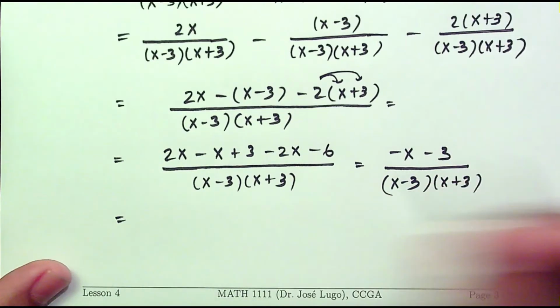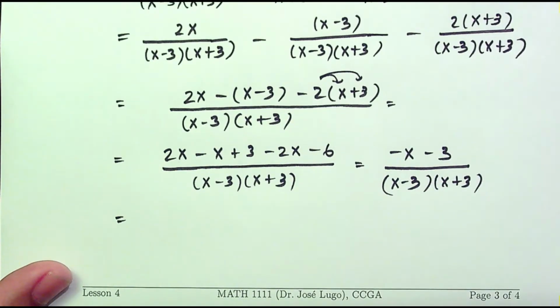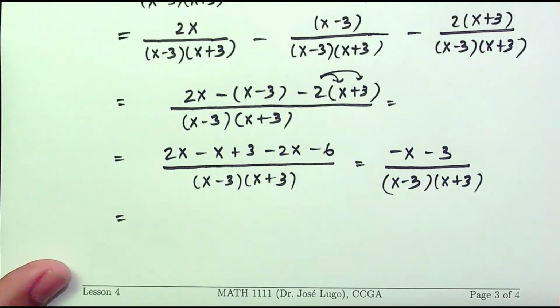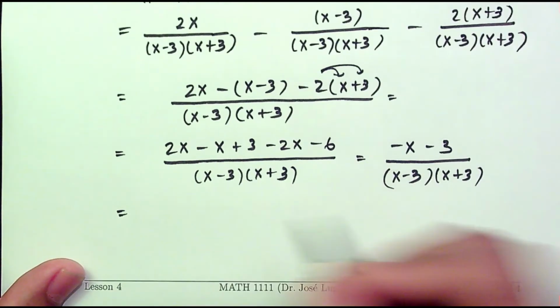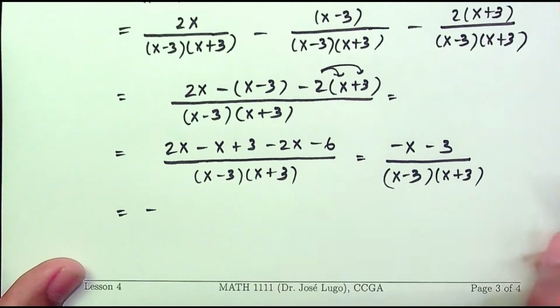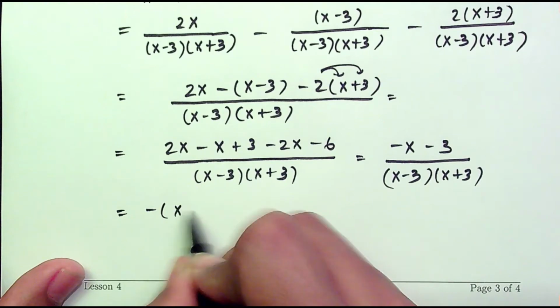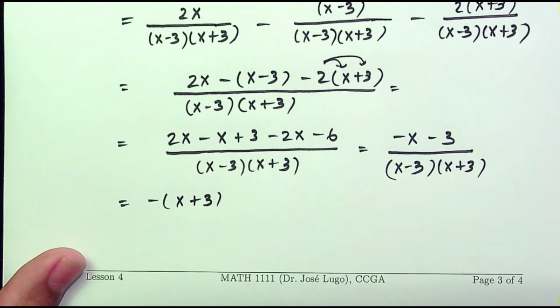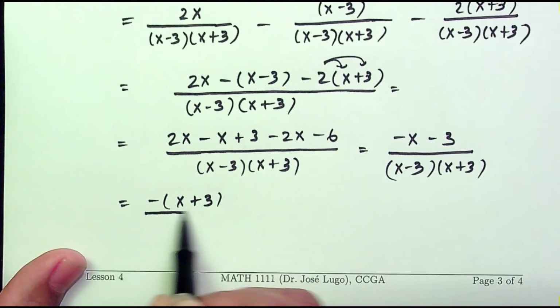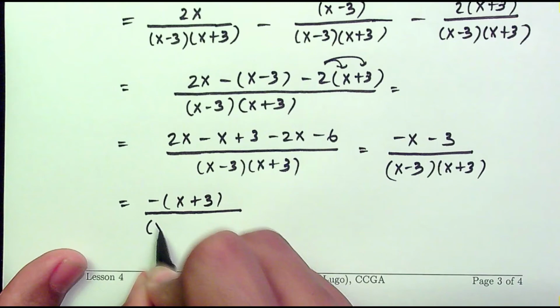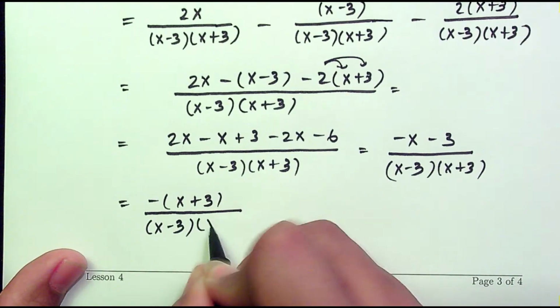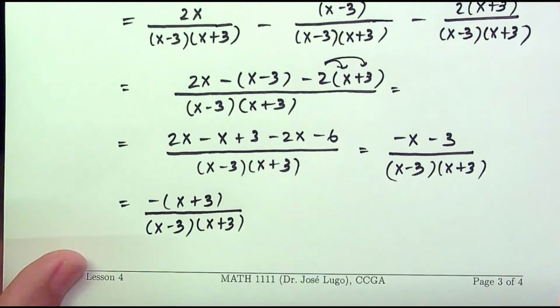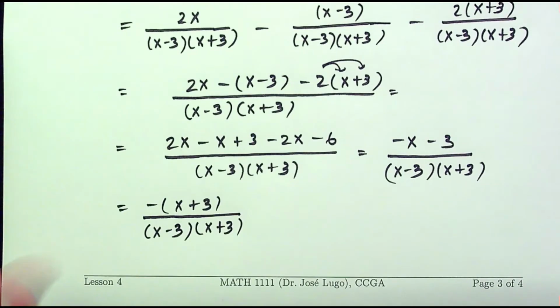However, if you remember the trick of factoring out a negative to see if that helps things, it actually does. So factoring out the negative, the top becomes negative, parentheses x plus 3, and now you see that you can cancel an x plus 3 factor.